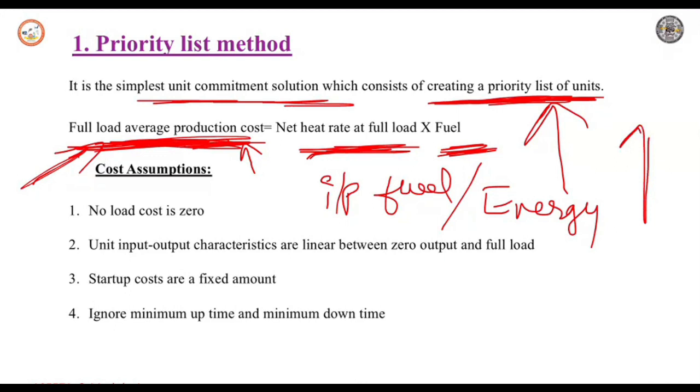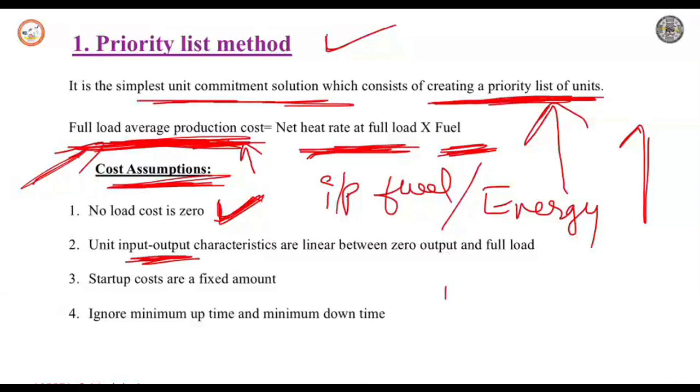In this method, we make some assumptions about the costs. First one is the no load cost. If any unit is not loaded, then the no load cost is considered as zero. And the unit input and output characteristics are linear between zero output and full load.